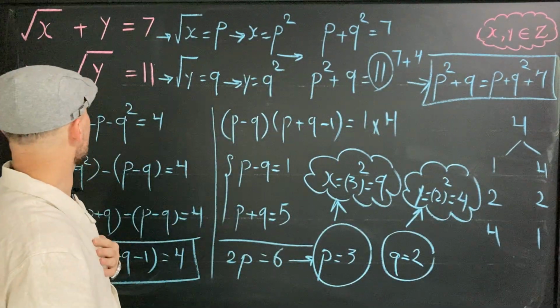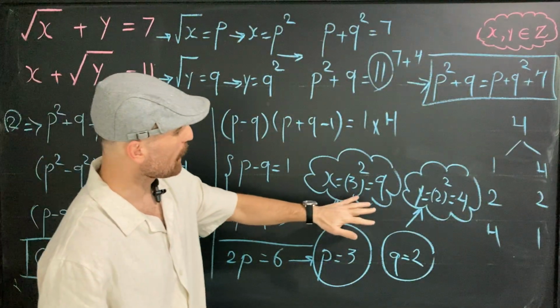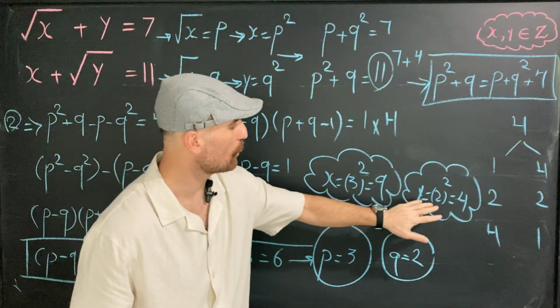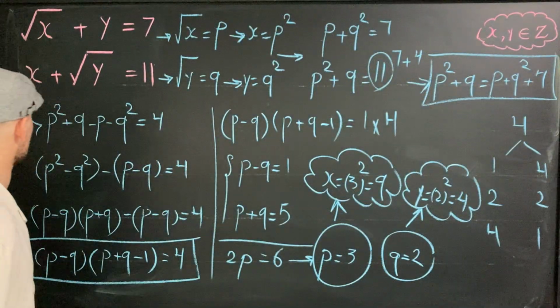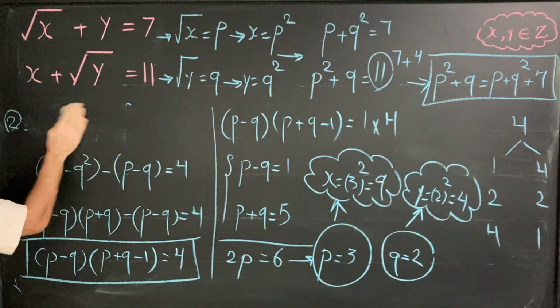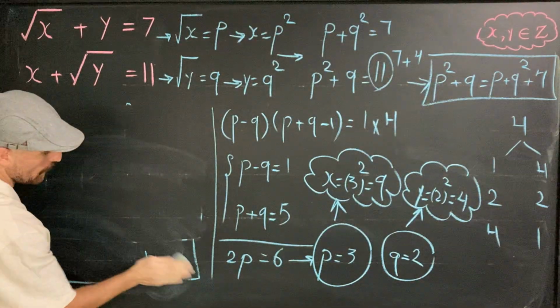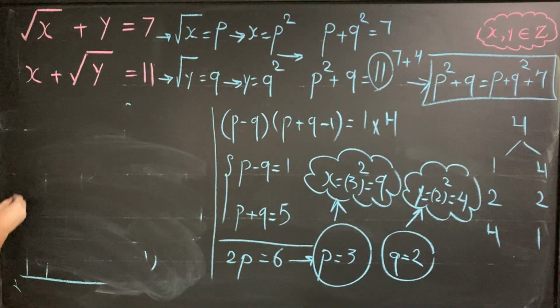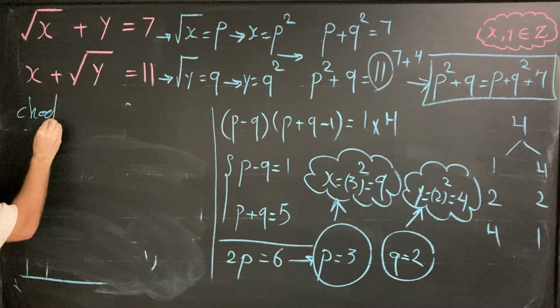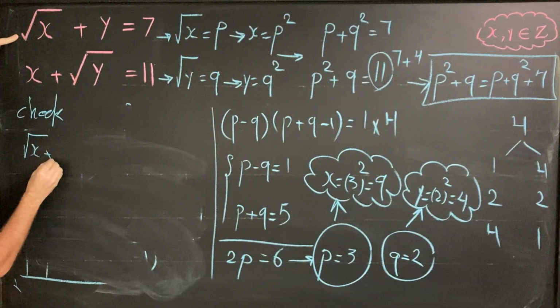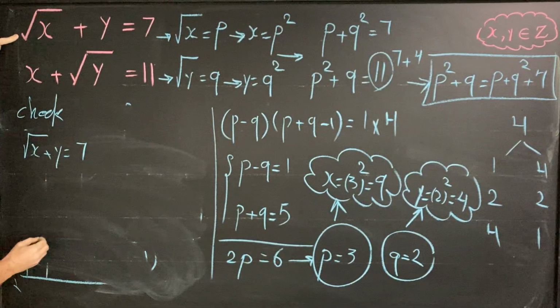Now, to find out the valid answer, we need to check them both. X equals 9 and y equals 4. So let me erase this part and check our answer. Are they correct or not? Equation number 1, the square root of x plus y equals 7.